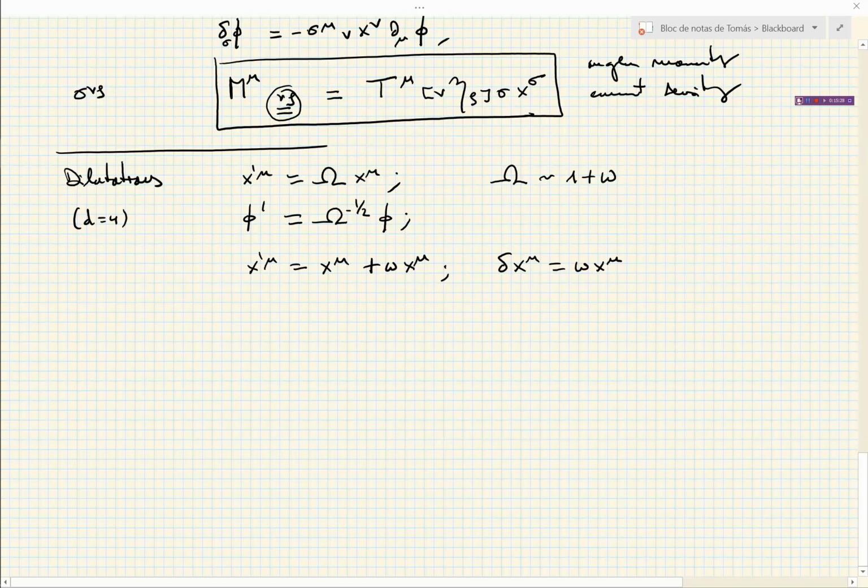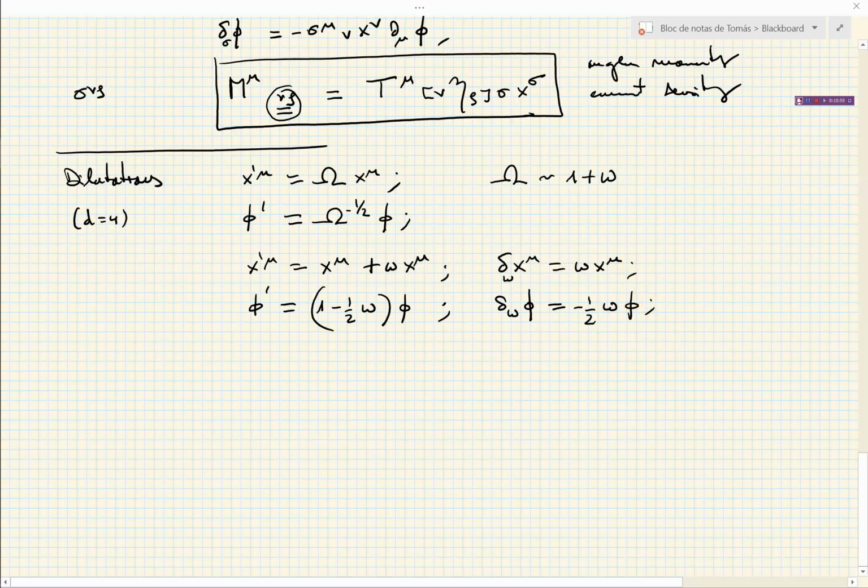We can call these transformations delta omega. Now phi prime, if I expand this power, is 1 minus a half omega phi, and therefore delta omega phi is just minus 1/2 omega phi.